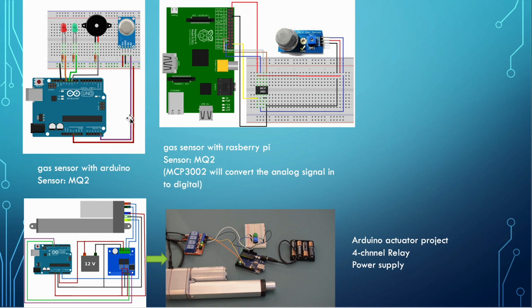The best example here is the MQ2. It is easier to use with Arduino because there are analog inputs. If you are using Raspberry Pi, you should use a separate microcontroller, because you have to convert that analog signal into a digital signal.